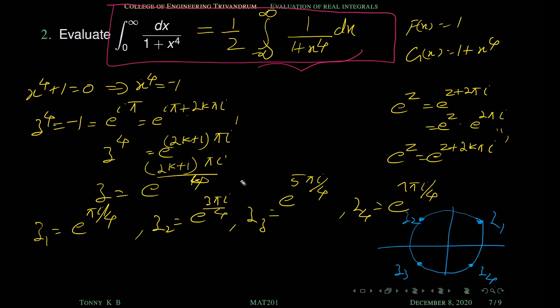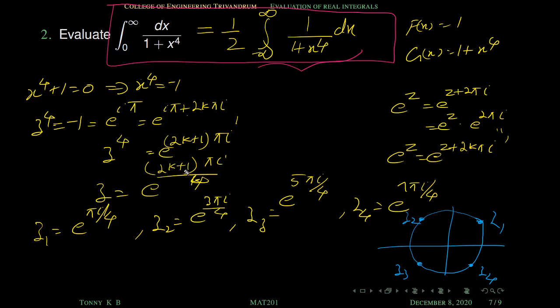Whenever k equal to 4, what happens? This is 8 plus 1, 9, so e raised to 9 pi i by 4. So 9 pi by 4 is here. So the complex number corresponding to k equal to 4 is the same as the complex number corresponding to k equal to 0.